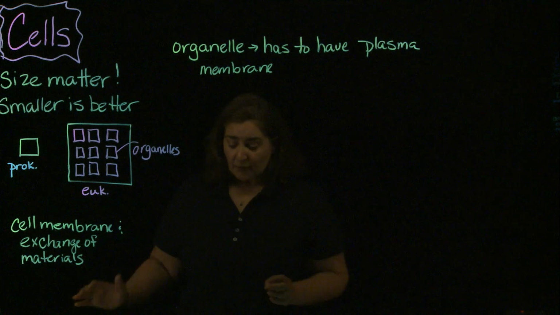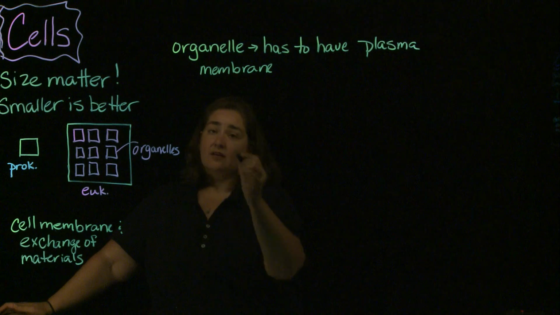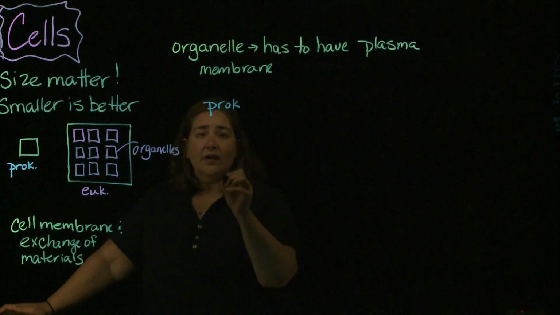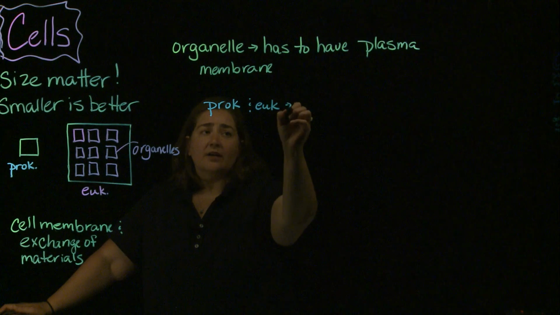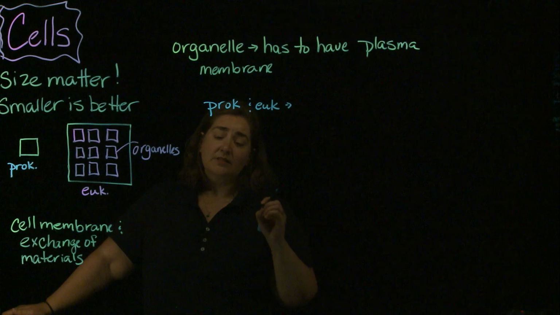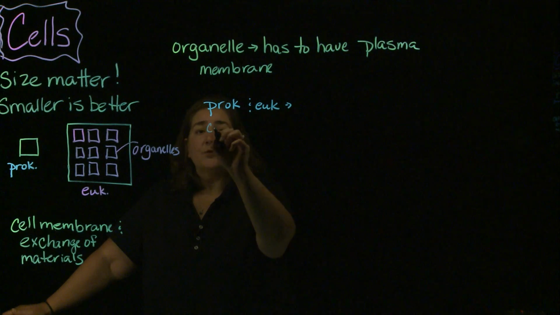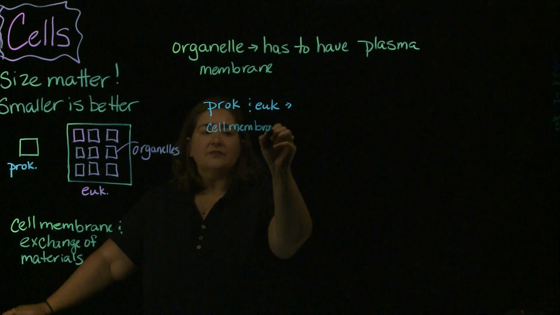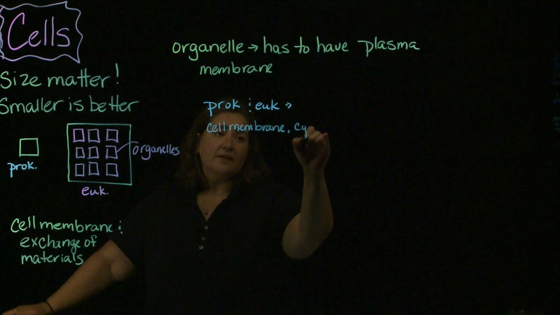But what we're going to go over first with our two types of cells, whether prokaryotic or eukaryotic, are some components that are the same between both cells. Both prokaryotic and eukaryotic cells are going to have a cell membrane. They're going to have cytoplasm.